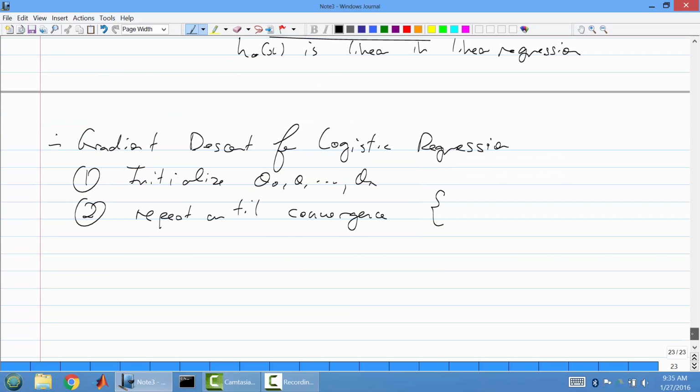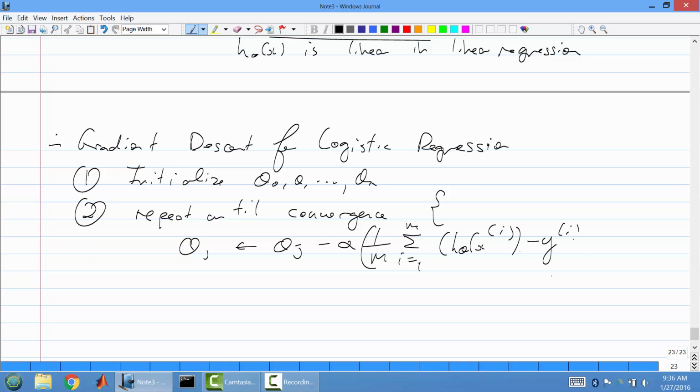Minus, let's see here, 1 over m, and there's an alpha too. Take notice that, remember in linear regression there was a 1 over 2n factor in the cost function, and that's not seen here. So 1 over m, summation from 1 to m. And that's it.